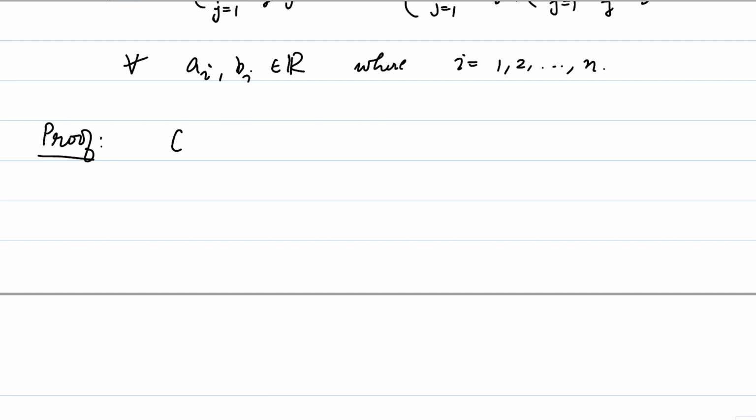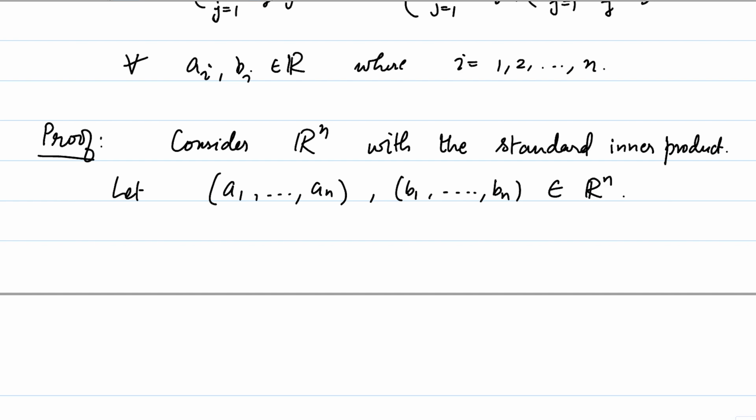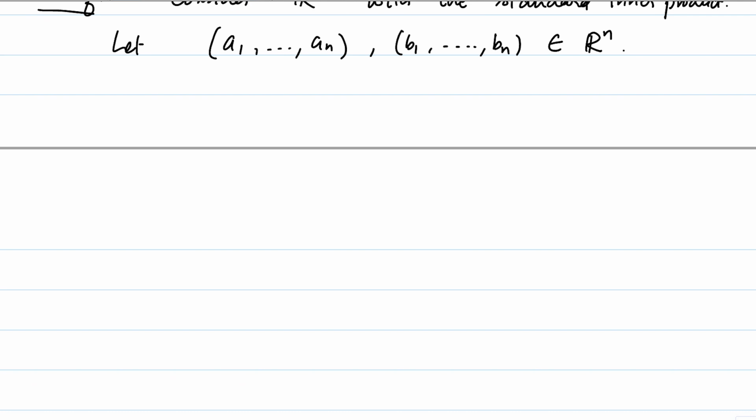So consider Rn with the standard inner product. Let's pick a1 to an and b1 to bn arbitrarily. So let a1 to an comma b1 to bn be vectors in Rn, so let them be n-tuples. Now let's try and recall what the Cauchy-Schwarz inequality says.